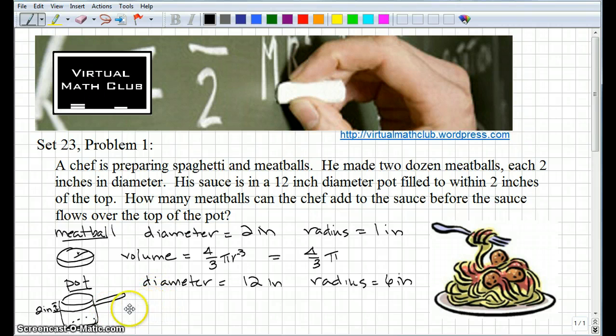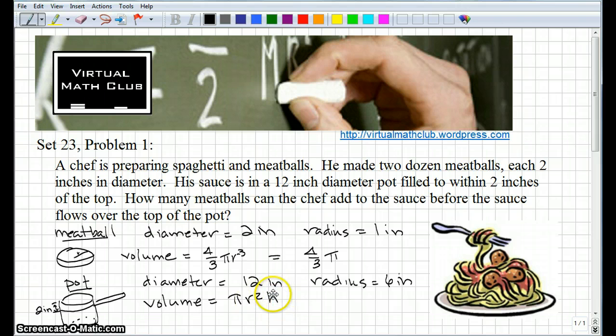So this volume here of empty space is what we're concerned about. The volume of a cylinder is the area of the base, which is pi r squared, times the height, right?